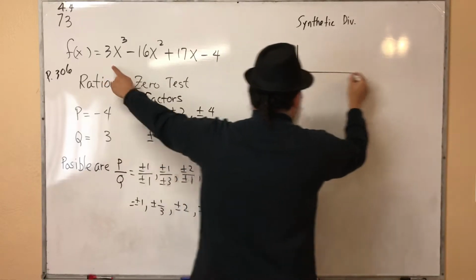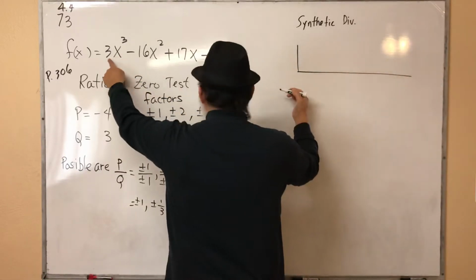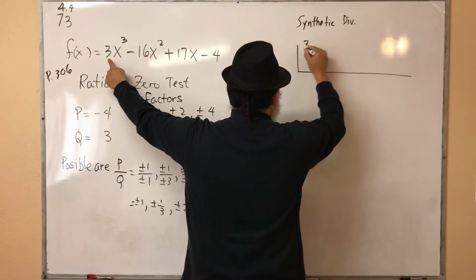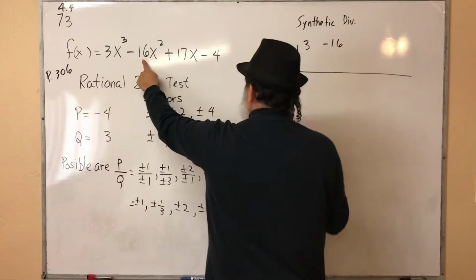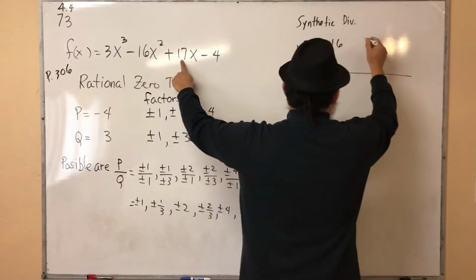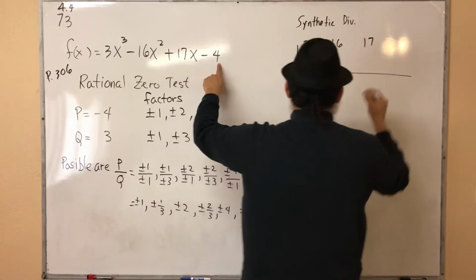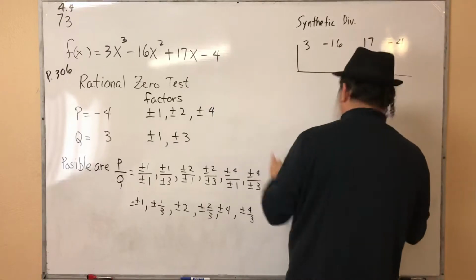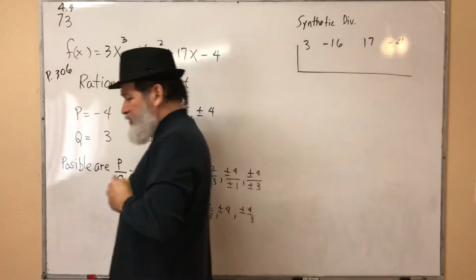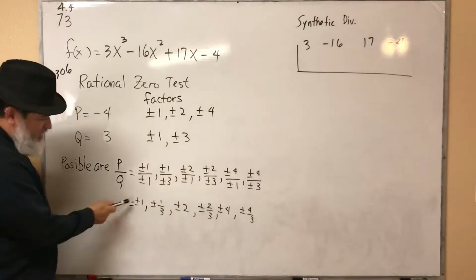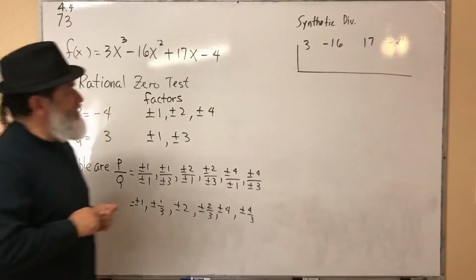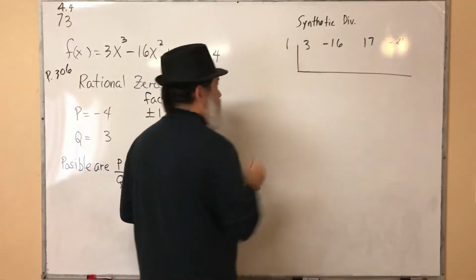Take the coefficients, 3, negative 16, 17, and negative 4. Now let me start with 1.